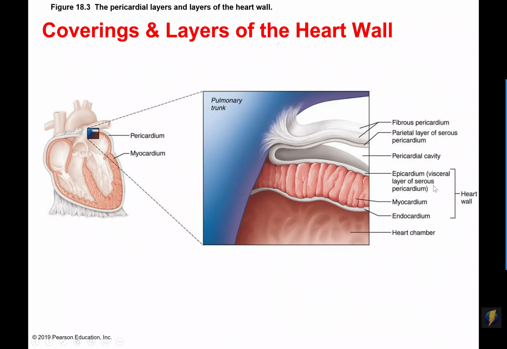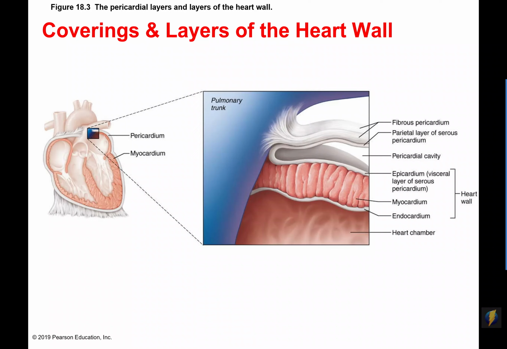Because the heart is an incredibly vital organ, keeping our blood flowing through our body, delivering oxygen and nutrients, it has lots of protective layers surrounding it, beginning with what is known as the fibrous pericardium, which is really just really fibrous, tough connective tissue that surrounds all of the heart. And then just underneath that, we have our serous membranes.